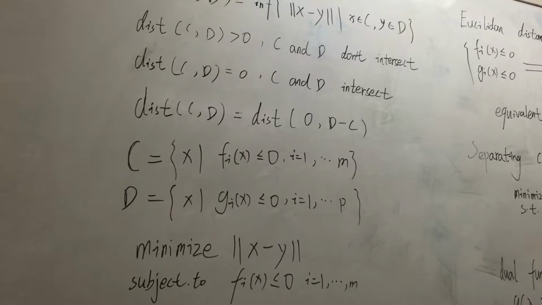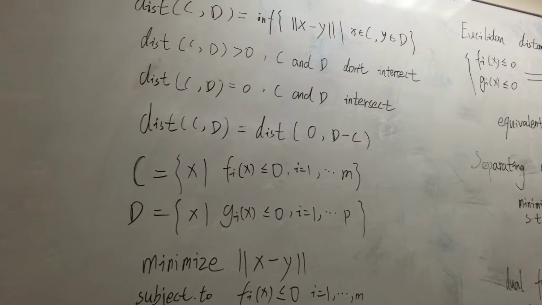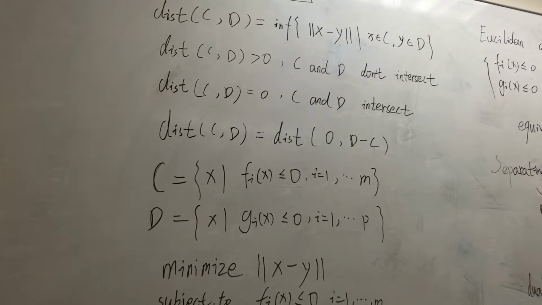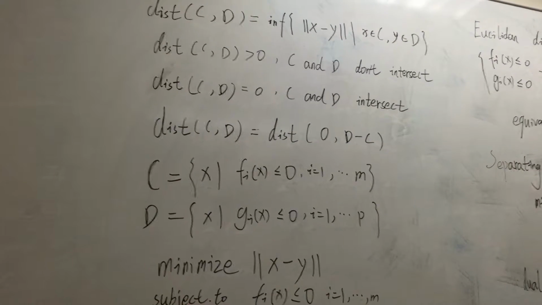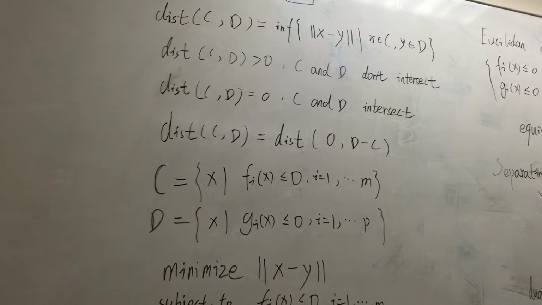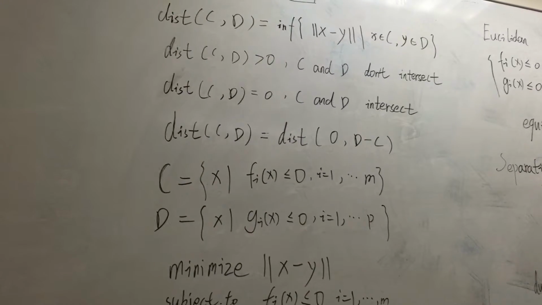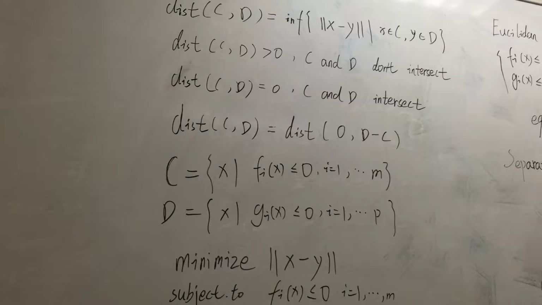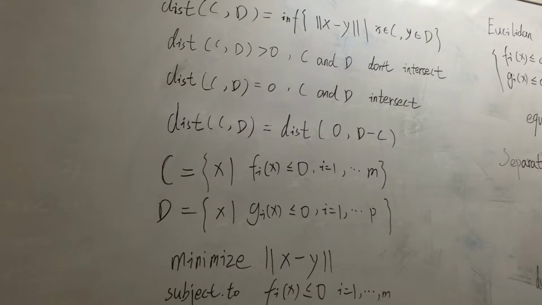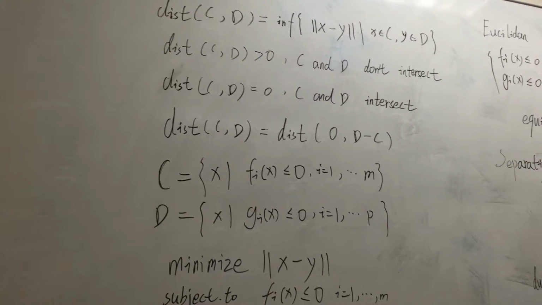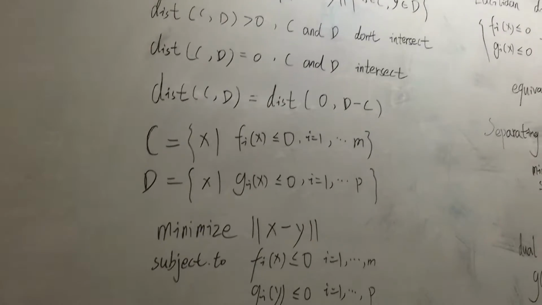Now we are going to compute the distance between convex sets. Suppose sets C and D are described by two sets of convex inequalities, where C has the constraints f_i of x is no bigger than 0, and the constraints of set D are g_i of x is no bigger than 0.